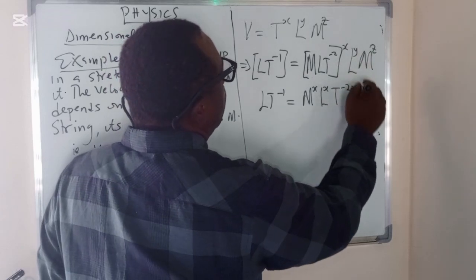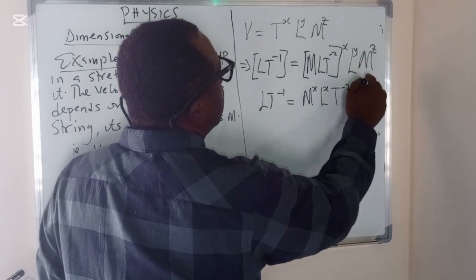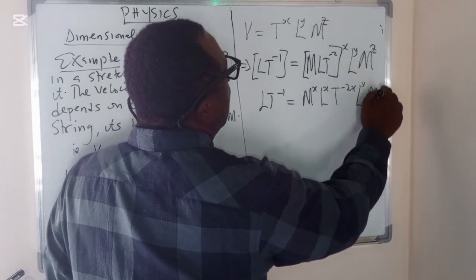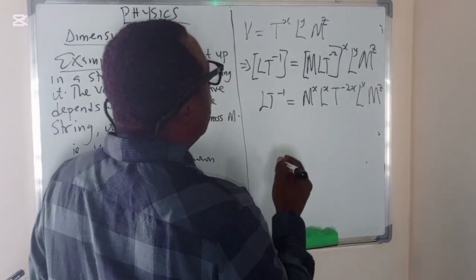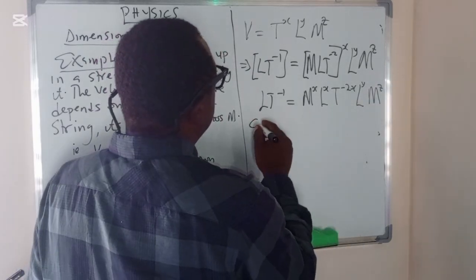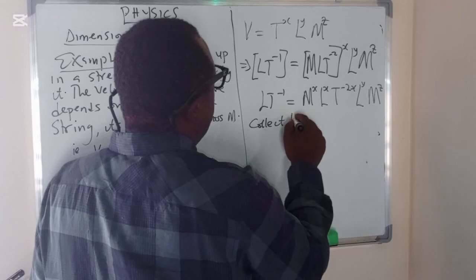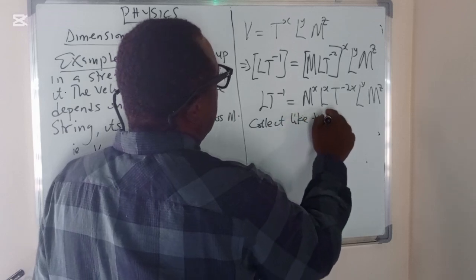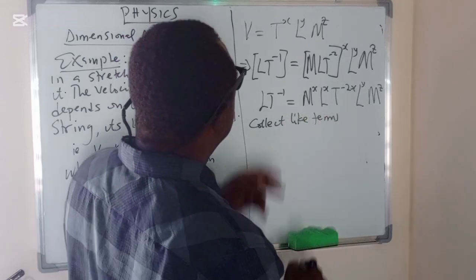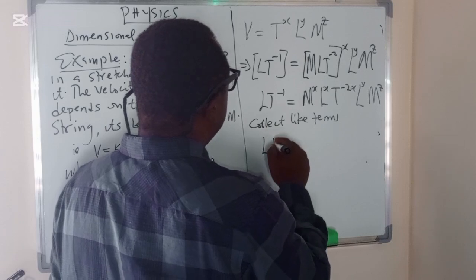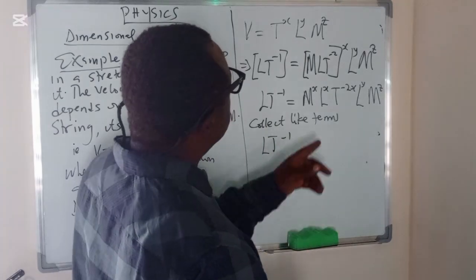And then we'll have our L raised to power y and M raised to power z. So we'll now collect like terms.